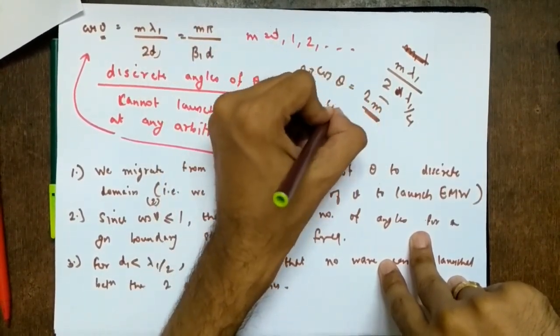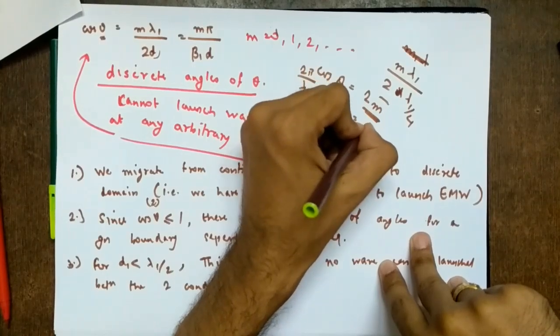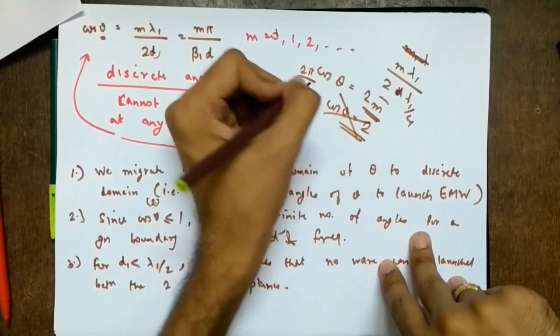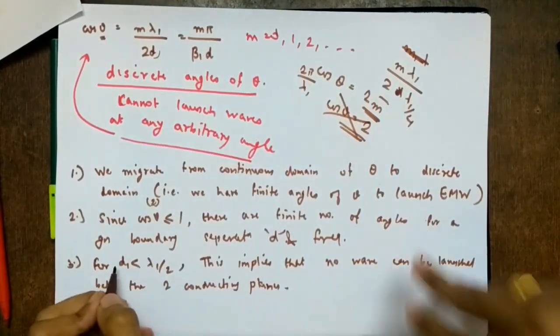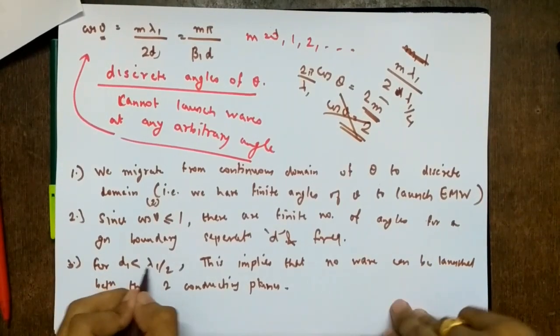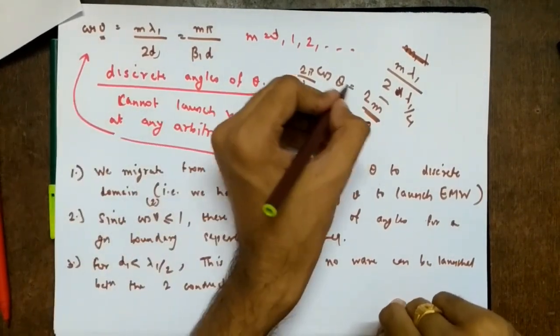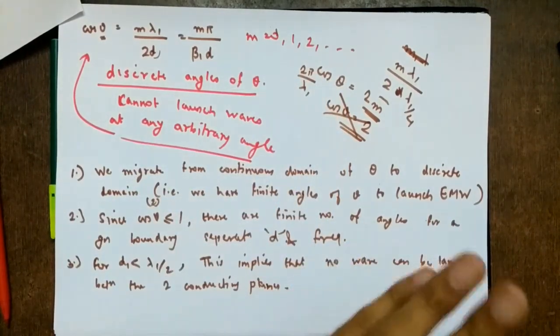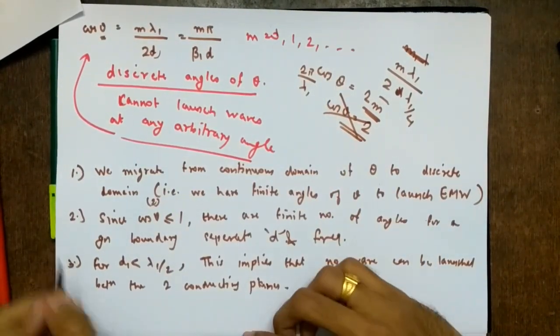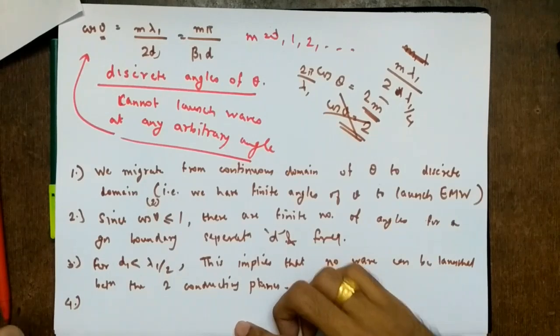So cos theta is 2. Is this possible? Never possible. So you cannot have d less than lambda by 2. If d is less than lambda by 2, cos theta is greater than 1, so you cannot launch an electromagnetic wave at all. So again, this is a condition, right?